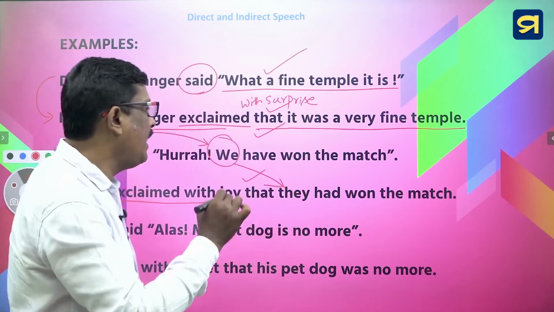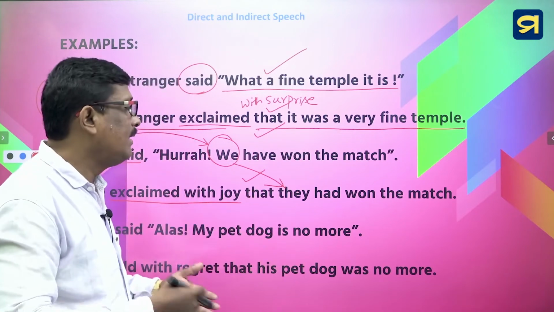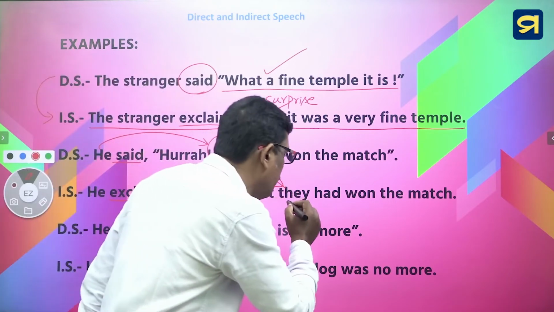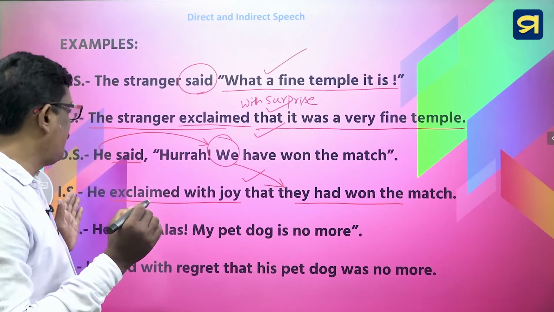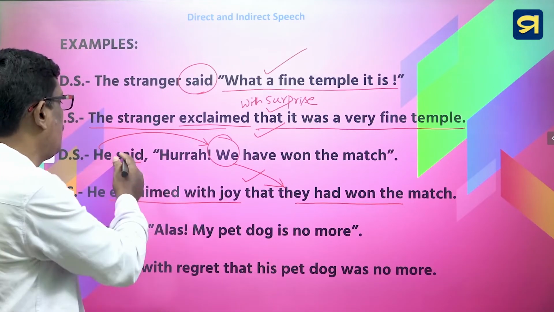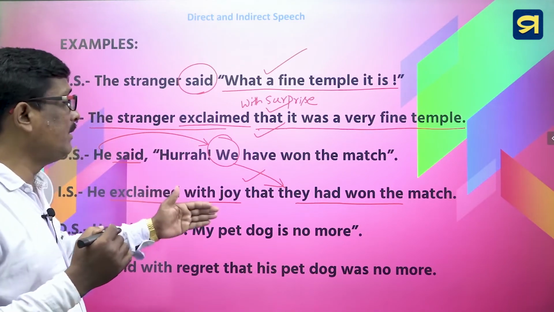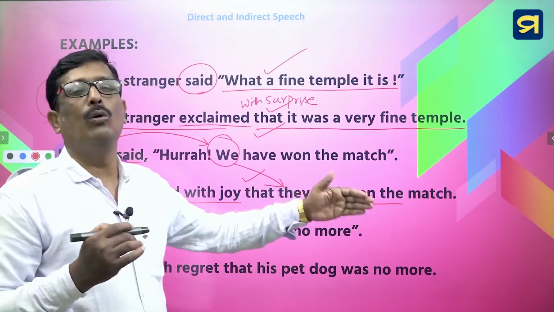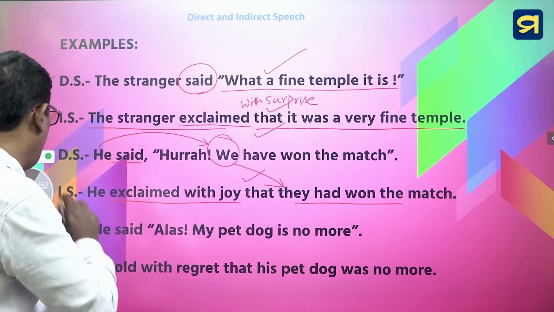And the sentence is in the present perfect tense, so the tense of this part will be changed into past perfect tense. The sentence will be: He exclaimed with joy that they had won the match. Okay, right?